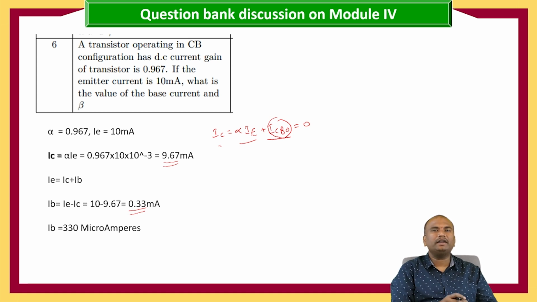Always the emitter and collector currents will be in milliamperes because these currents have high values, whereas the base current will always be in microamperes because only a small amount of current will be there in the base, because the base is lightly doped, the emitter is heavily doped and the collector is moderately doped. So collector and emitter will have currents in milliamperes, whereas the base current will be in microamperes.